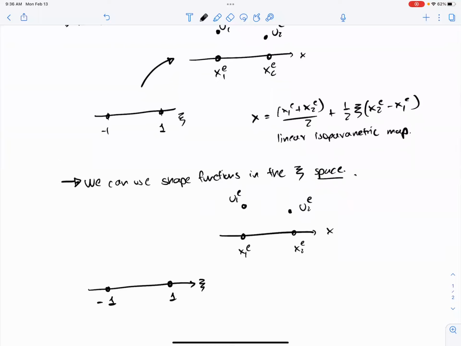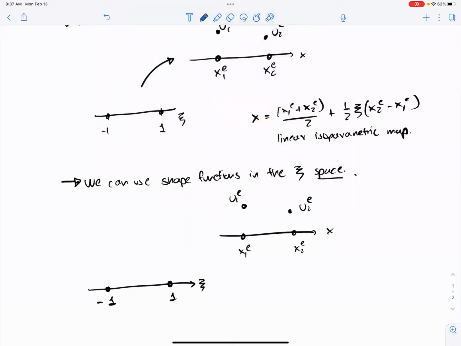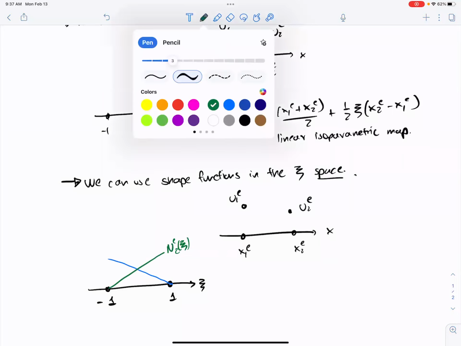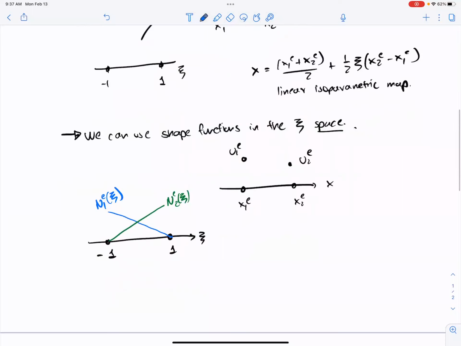So what I'm going to do is define the shape functions in the same way that I did it for the x, but I'm going to define them over the xi space. Let me call this N2 of xi and the other one N1 of xi. They are defined in the same way as before.